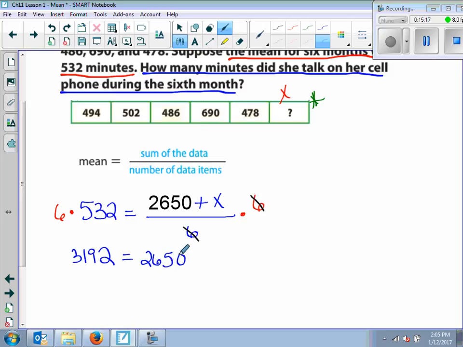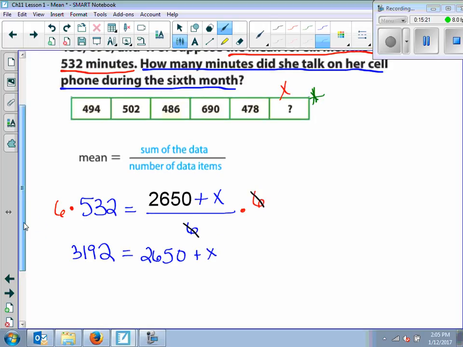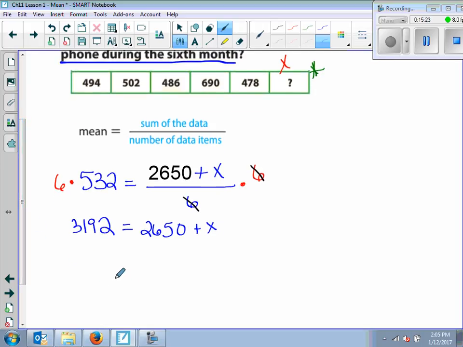So 3,192 is equal to 2,650 plus x. Is x by itself? No. So how do I get x by itself? We subtract. Very good. So 2,650, we're going to subtract 2,650 on both sides.